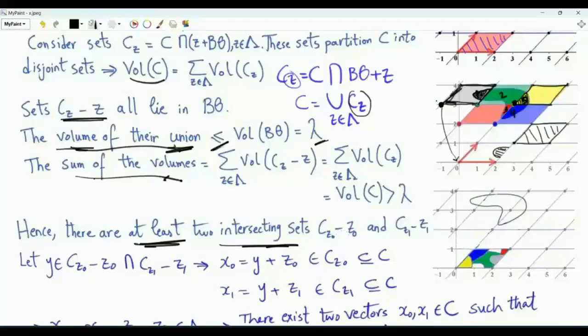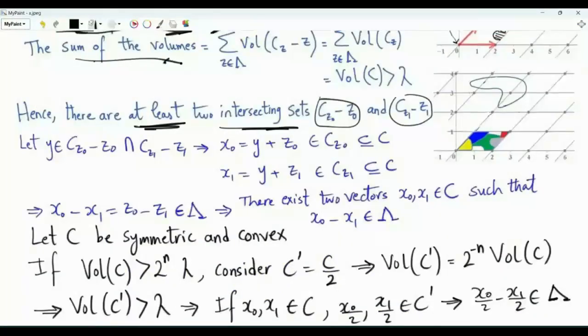Let's say CZ0 minus Z0 and CZ1 minus Z1. Because our starting set C has a volume strictly larger than the volume of the fundamental cell, then if we do this game of partitioning C using the lattice and then bringing the parts to the fundamental cell, it must happen that there are 2 of those sets that are intersecting, because the volume of the union is strictly less than the sum of the volumes. Since there is an intersection, then there is a point y that is in this set and that is also in this set.